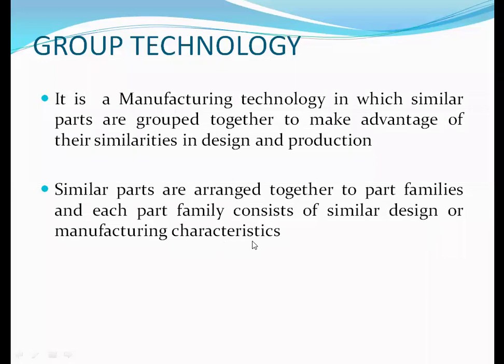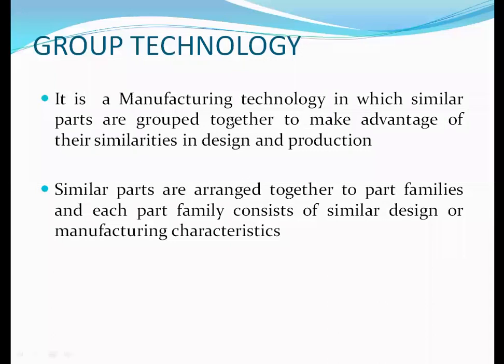You can even group components based on their design. Say 10 shafts are circular and 10 shafts are rectangular. Then, based on their appearance, you can group them as different part families.